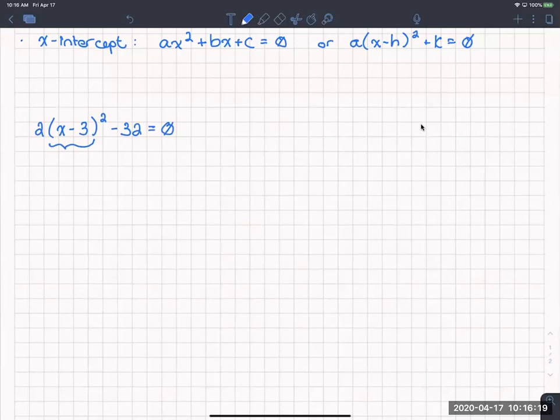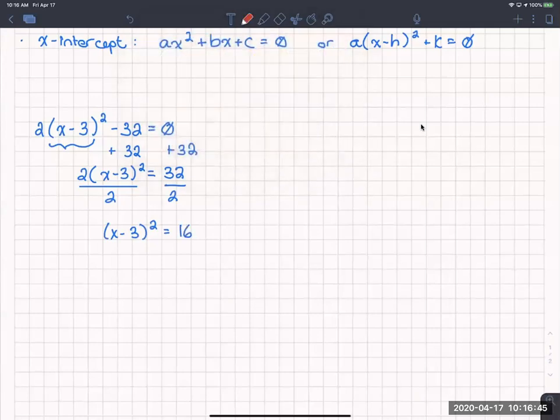So we move 32 to the opposite side. Then we divide by 2, get rid of any leading coefficient. Then take the square root. This is where this is important. This is the square root property, where you take the square root of both sides.